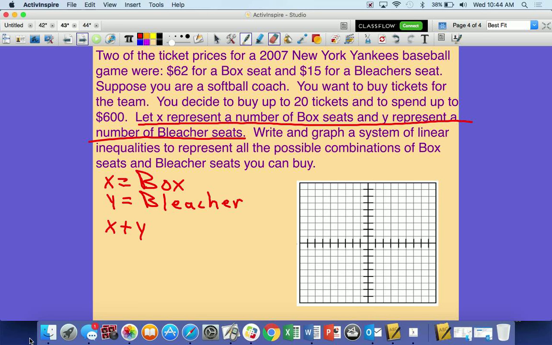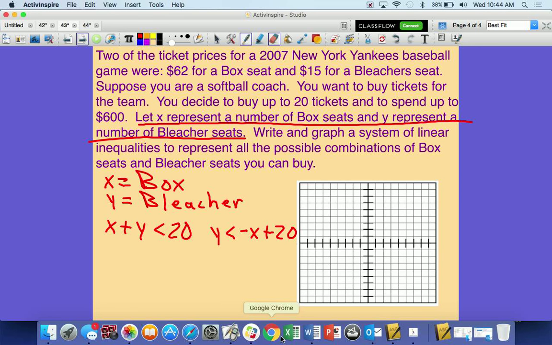Does that include 20? No, that doesn't include 20, and because of that, it's not going to be more than 20, it's going to be less than 20. So we've got X plus Y is less than 20. If we flip that into slope-intercept form, Y is less than negative X plus 20.